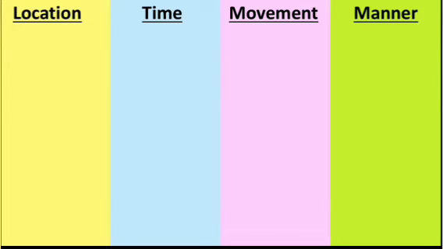So we can split prepositions into four categories, depending on what the preposition is describing. We have location, time, movement, and manner.